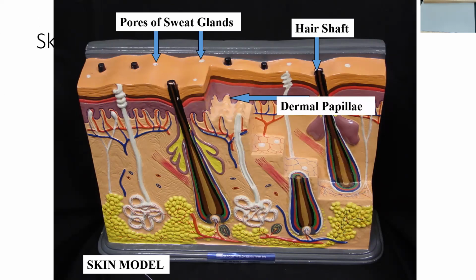The dermal papillae are our fingerprints. The ridges on our fingers are characteristic of each of us, a great identifier. At the far end of that model, you can see the dermal papillae, the loops and whorls, little ridges of tissue, and they're far enough underneath the epidermis and in the dermis that they don't disappear.